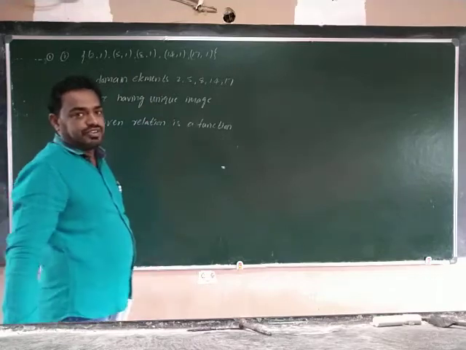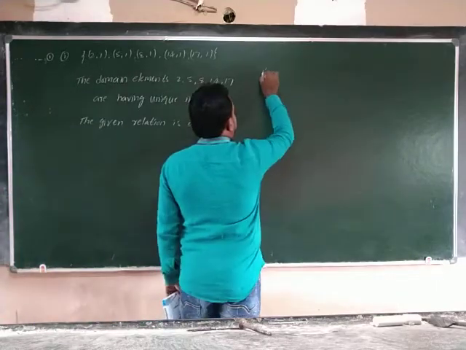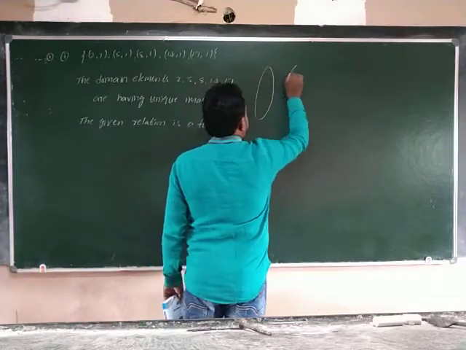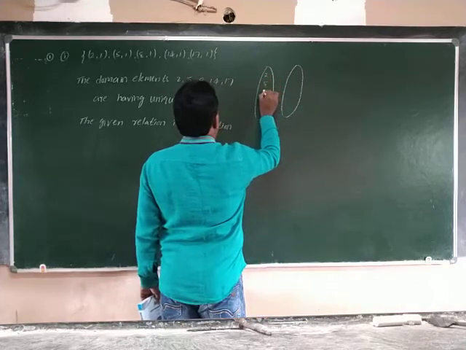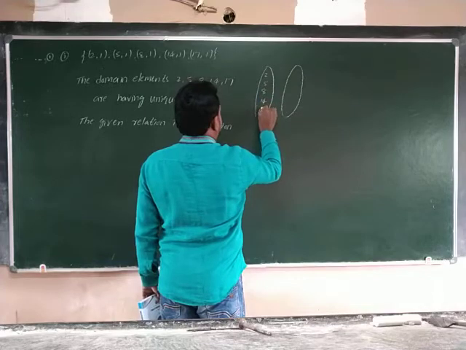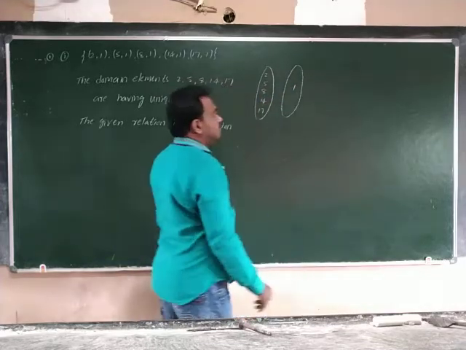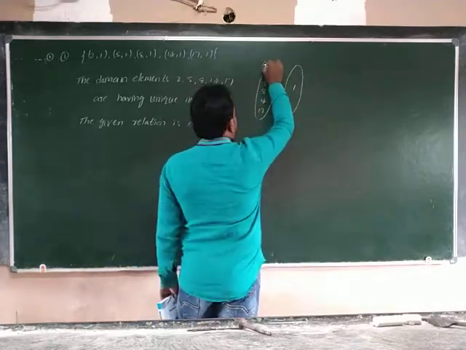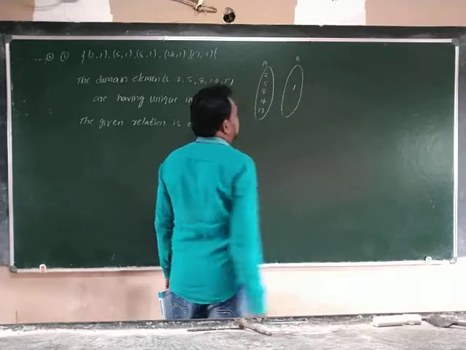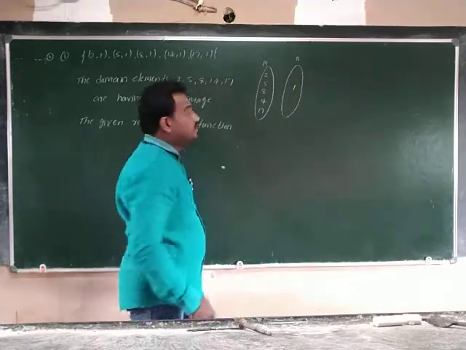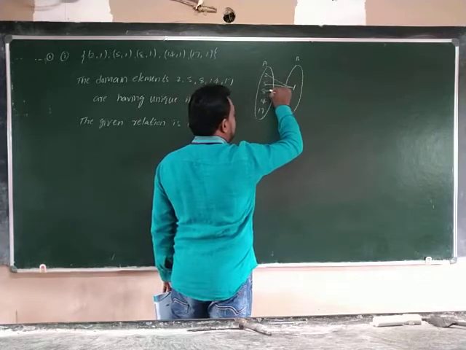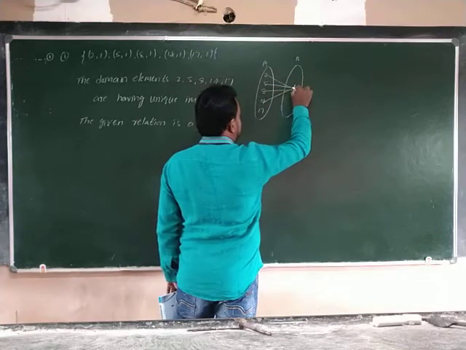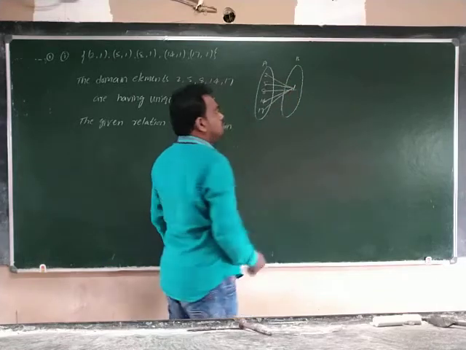This is the answer. You see in the arrow diagram, the domain elements are 2, 5, 8, 14, 17. We have only one range element. For example, take this one as A and this one as B. 2 is related with 1, 5 related with 1, 8 related with 1, 14 related with 1, 17 related with 1.